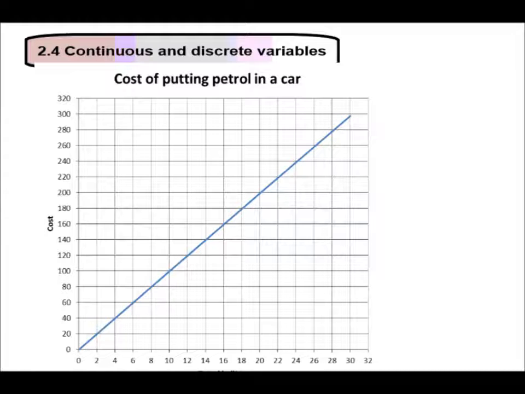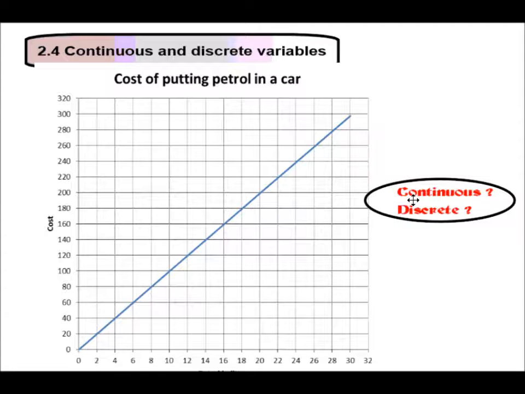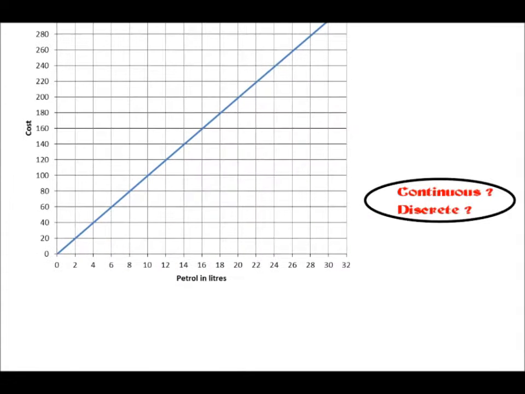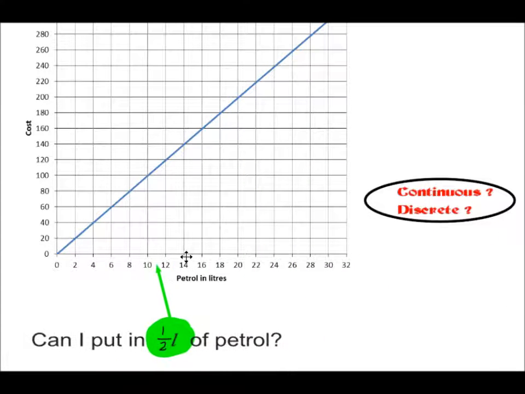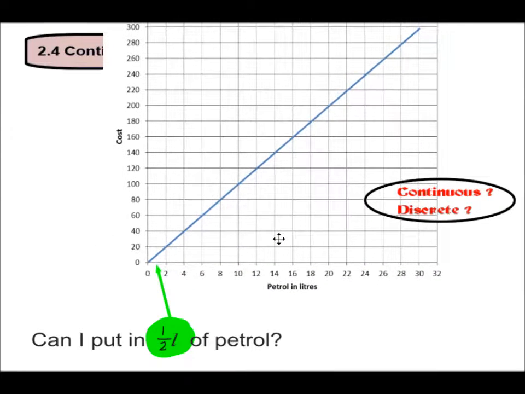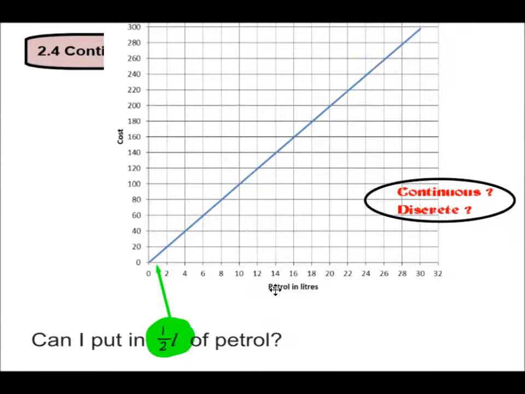Now we need to ask ourselves, is this continuous data or is it discrete data? Well, what we do is we say to ourselves, looking at the bottom here, can we buy half a liter of petrol? Yes, you can go to the filling station.